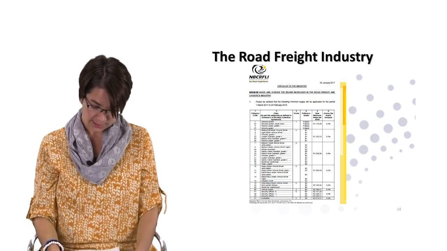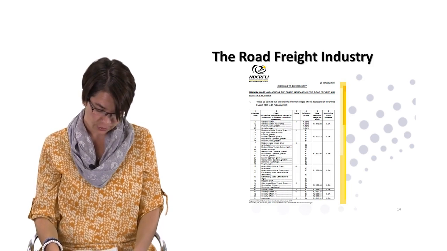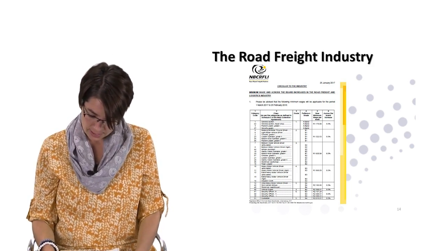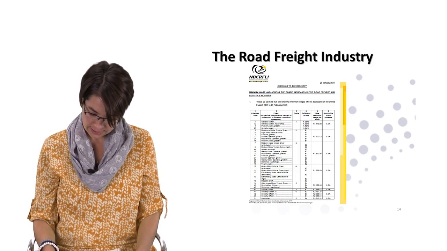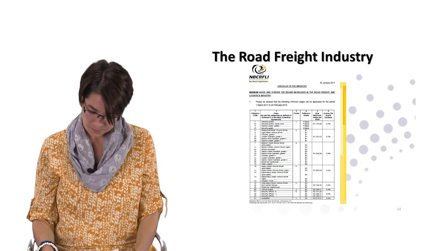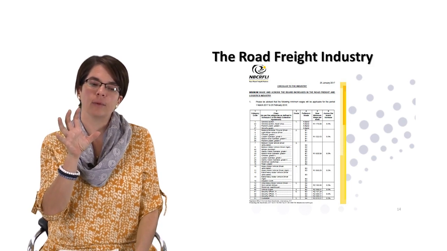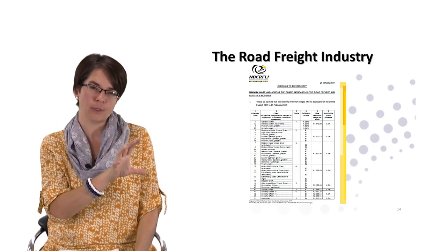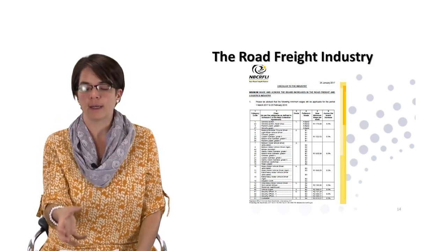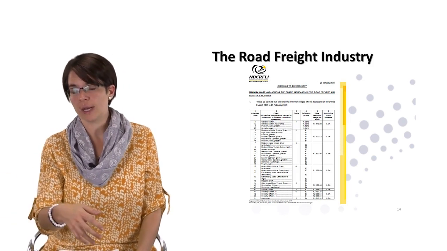Your next category is a 19. This is a gantry crane operator grade 1. A gantry crane is one of those cranes that is sometimes mounted on top of a truck that loads or unloads the truck.